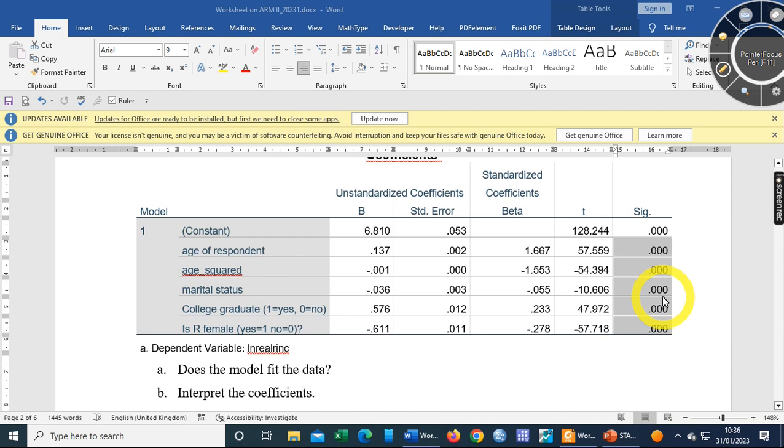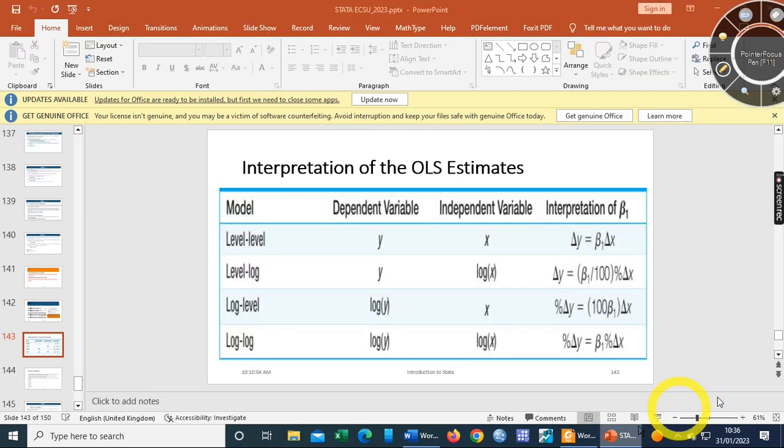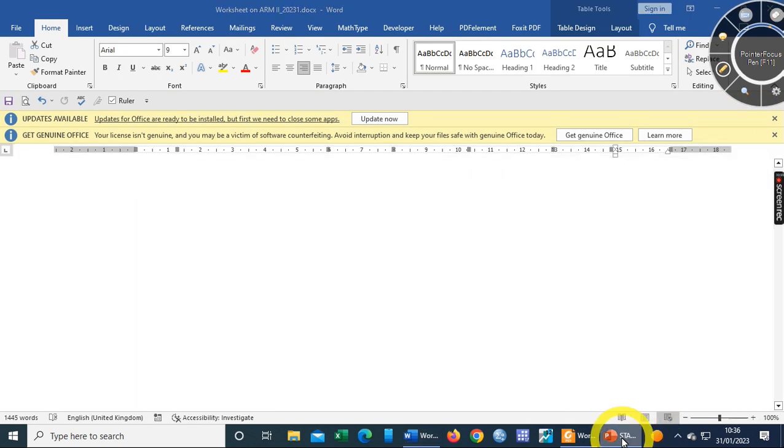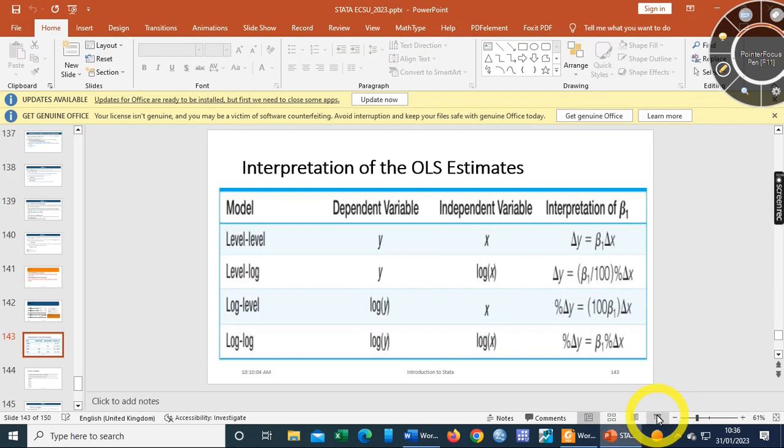Bear in mind, when we interpret coefficients of a multiple linear regression model, we need to understand the functional form that we are using.